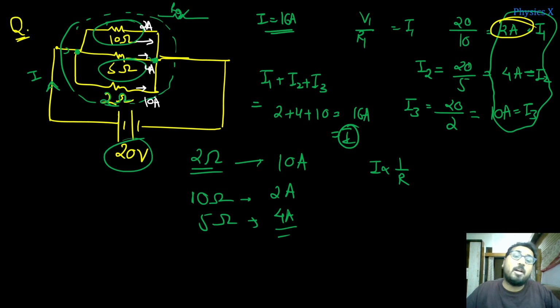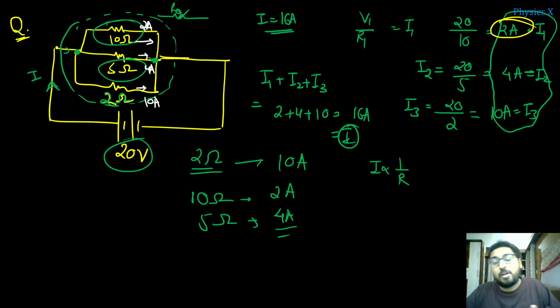When the voltage is kept constant, the same across all the resistors, the current will be divided according to the value of resistance, right? That is the beauty of this. That is how the current is going to divide. You can easily see, right? So this is how we analyze this circuit.